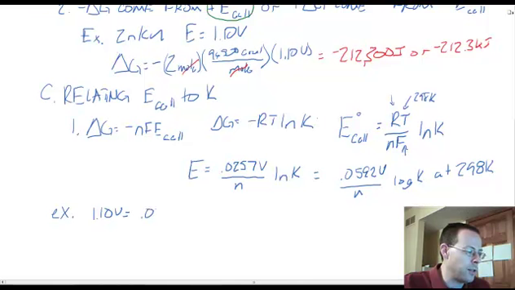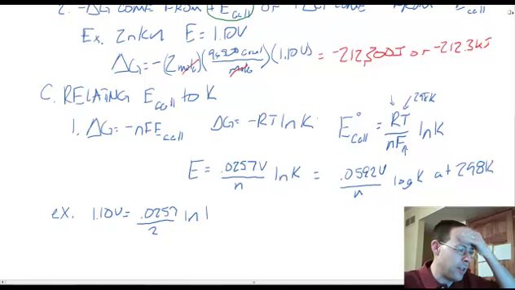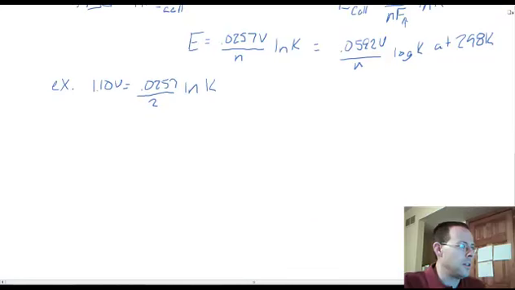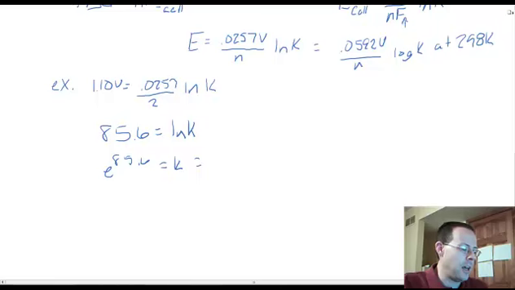So we're going to have 0.0257 all over 2 times the natural log of K, and our voltage side is going to become 85.6 equals natural log of K, or E raised to the 85.6 equals K, or really K equals 1.5 times 10 to the 37th.